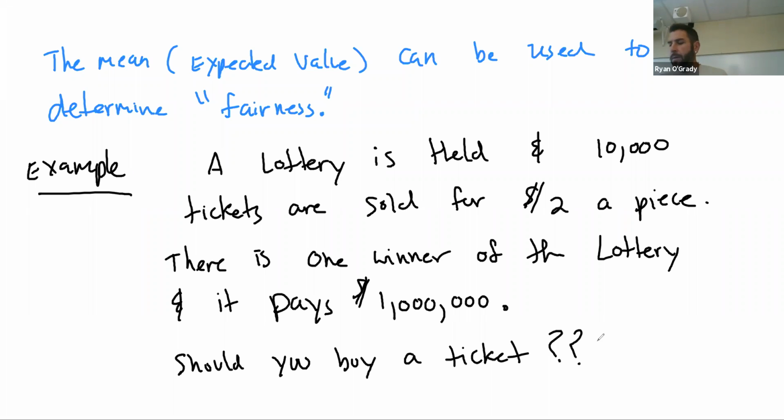So let's think about how we might analyze this. But in order to analyze it using the tools we have, we need to formulate this problem properly. We need a random variable, we need a probability distribution.